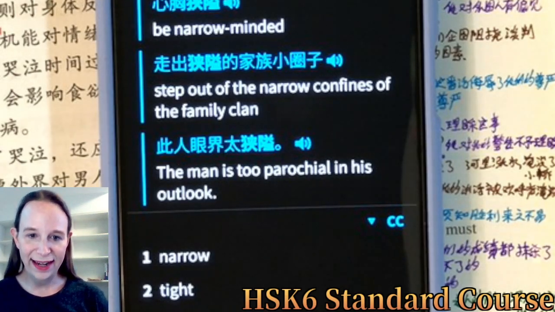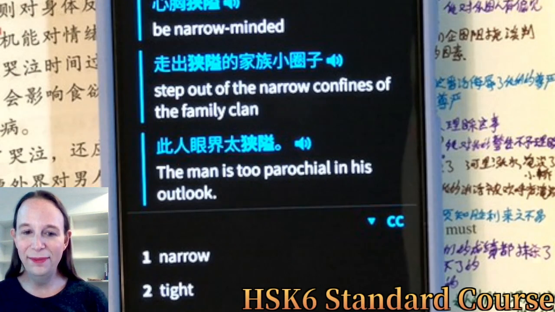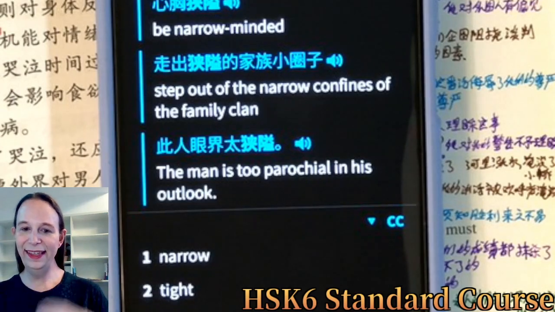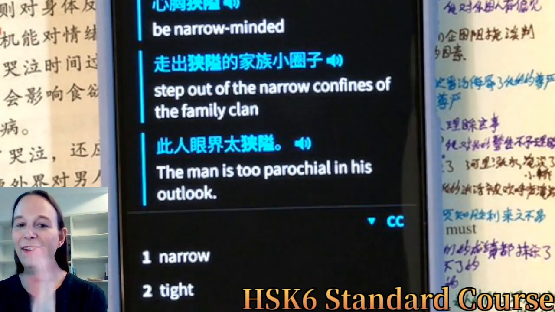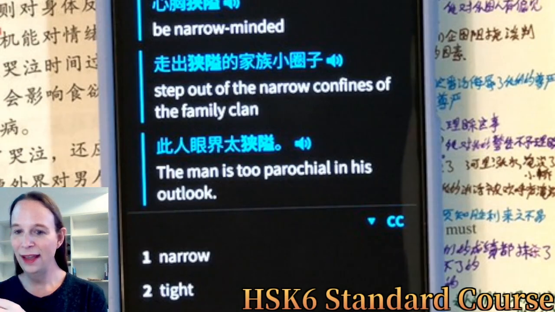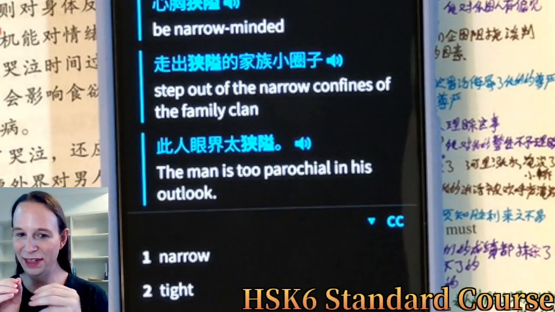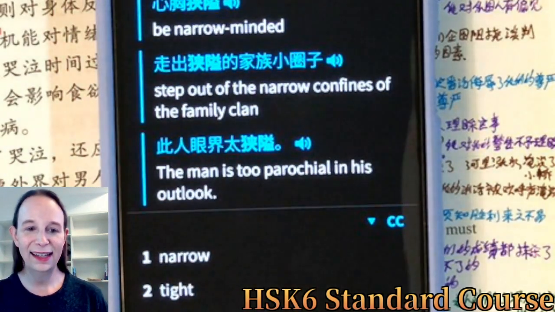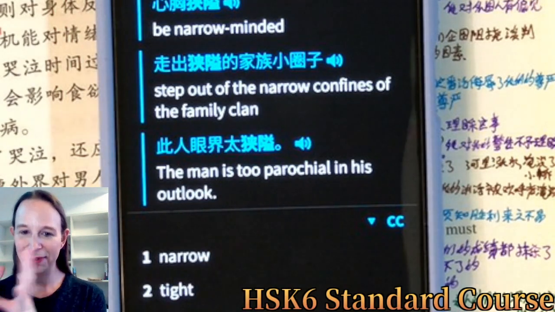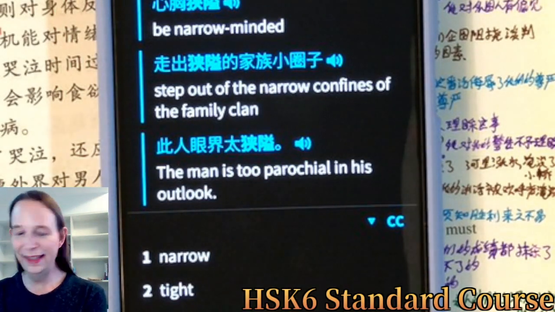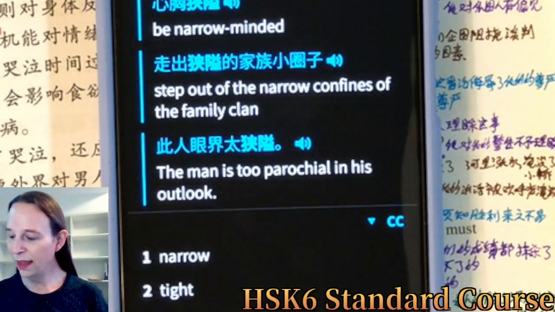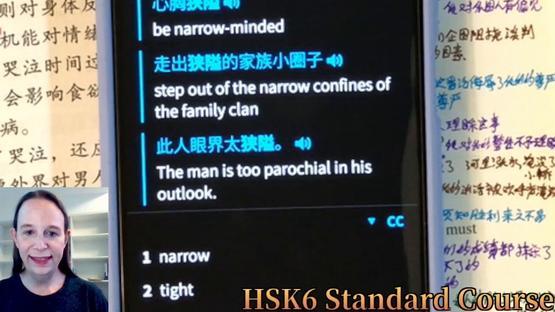Yeah, 此人 is okay. 此 here just means this, right? So 此 means this in the sense that you're currently talking about a certain person. Maybe in the previous sentence you mentioned this person's name, and here you use 此人. So that would be the context in which this arises, but this is just an example sentence, so you don't have the previous sentence. 此人眼界.